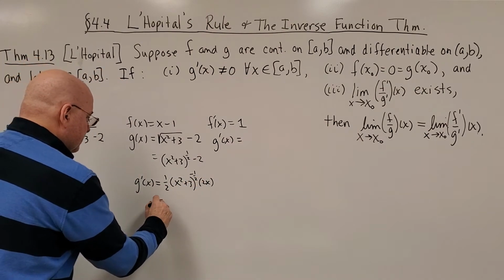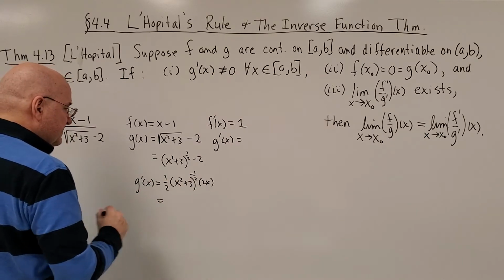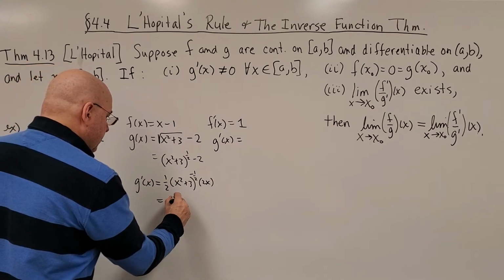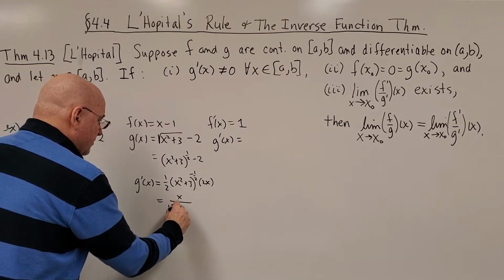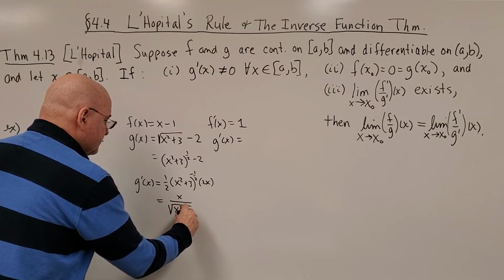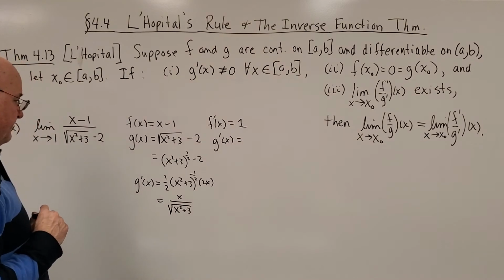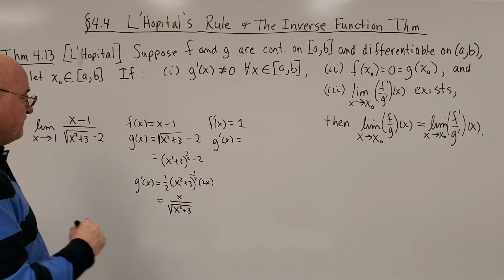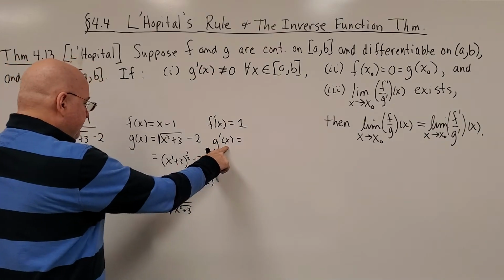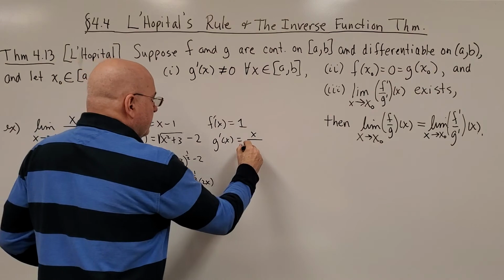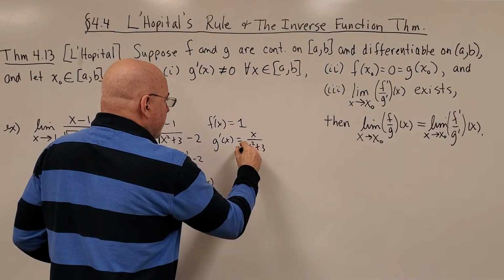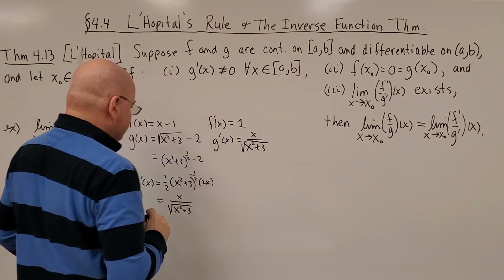So that 1/2 and 2 would cancel, and it would give me an x upstairs and a radical x squared plus 3 in the denominator. I think that looks right. So we've got g prime of x equaling x over radical x squared plus 3.